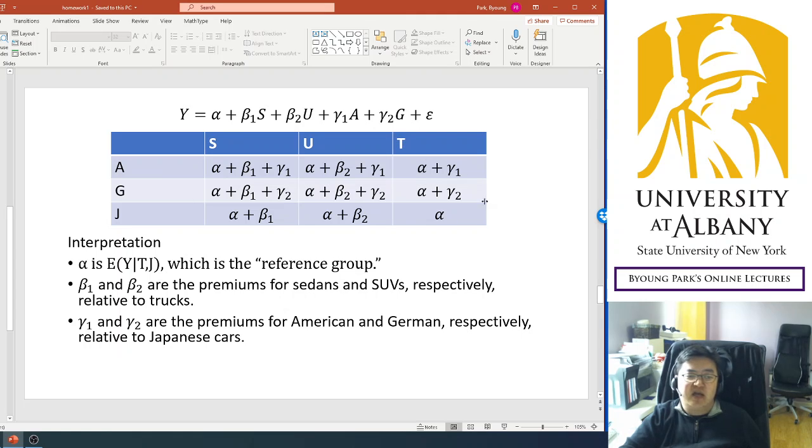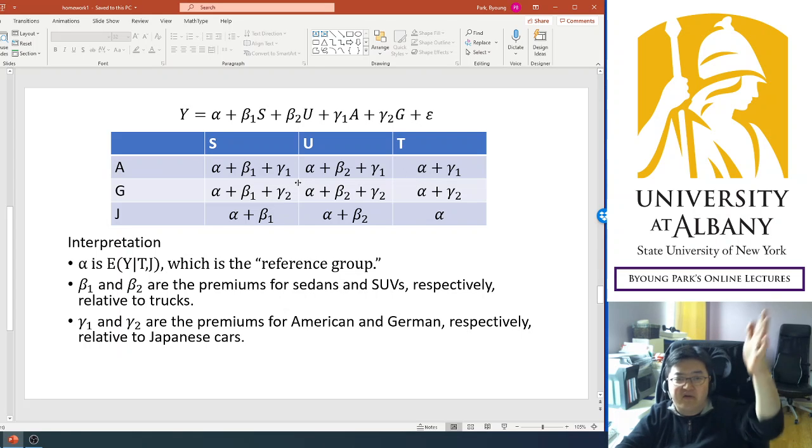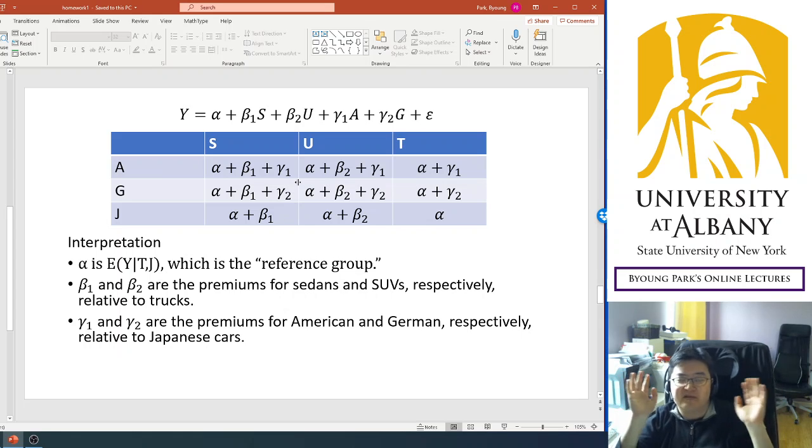Japanese trucks are the reference group, so everything from now on will be calculated as the difference from the Japanese truck. And then beta. Beta 1 is the difference between S and T, so the first column and the third column generate a difference of beta 1.